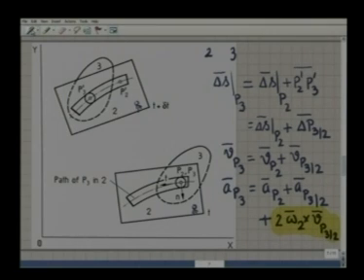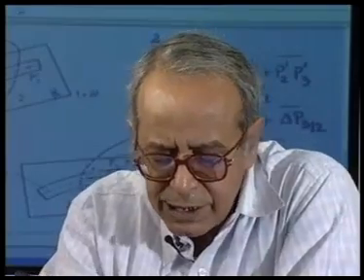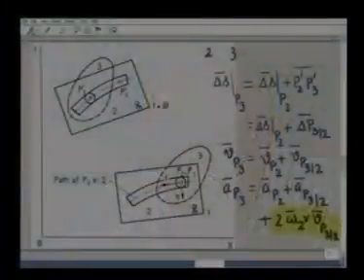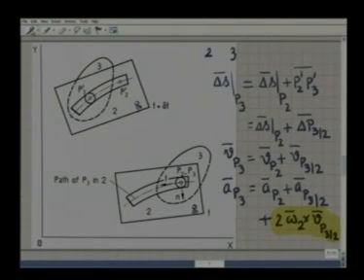So, let me repeat, by considering two instantaneously coincident points P2 and P3, where the path of the point P3 in body 2 is known, that is along this center line of the slot, Vp3 is Vp2 plus Vp32, whereas Ap3 is Ap2 plus Ap32 plus the Coriolis component of acceleration, which is twice omega 2 cross Vp32.